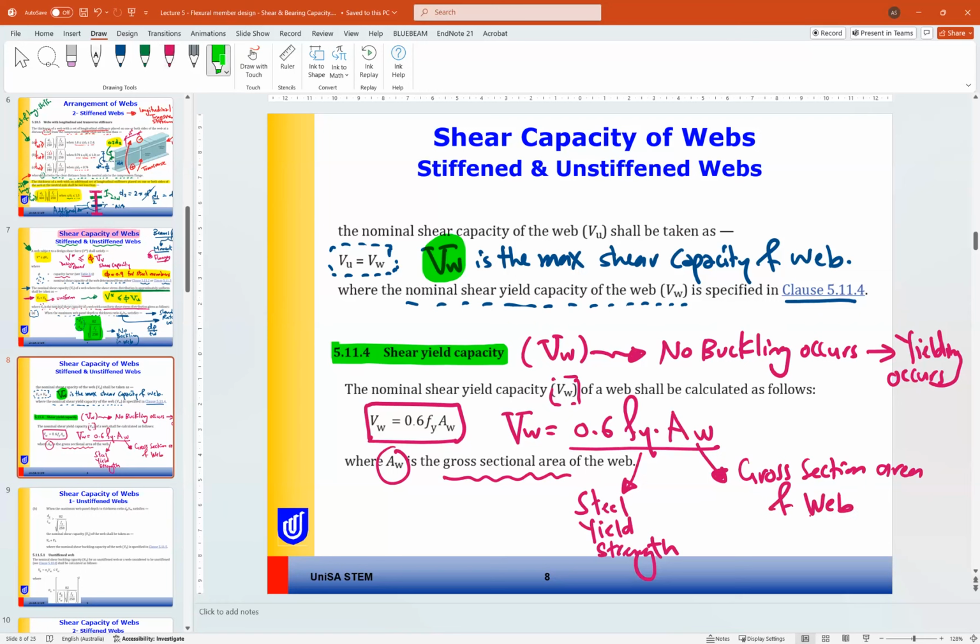So in this formula AW is our only unknown, the parameter we should calculate to find VW. Any section with stiffened or unstiffened web cannot exceed this value for shear capacity.